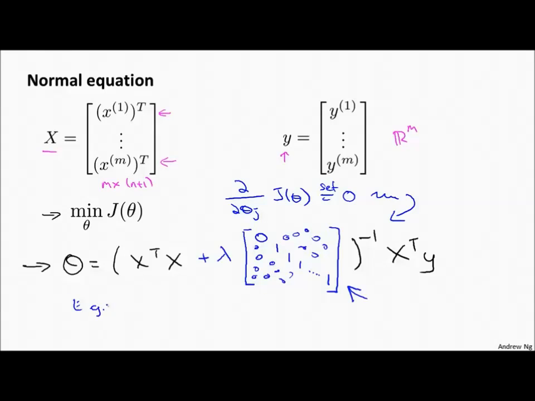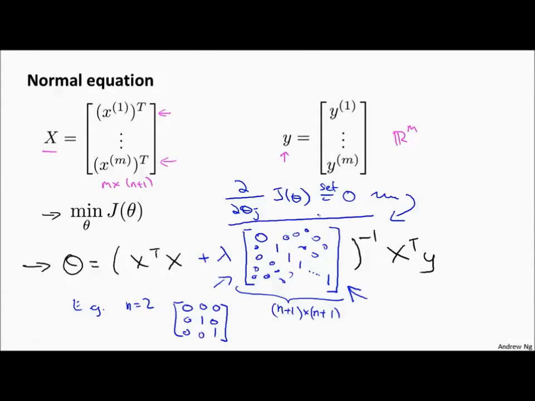As a concrete example, if n equals 2, then this matrix is a 3 by 3 matrix. More generally, it is an n plus 1 by n plus 1 dimensional matrix. So if n equals 2, it will be 0, and then 1s on the diagonal, and 0s on the off diagonals.